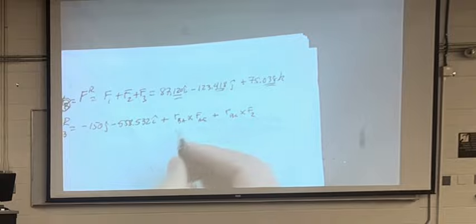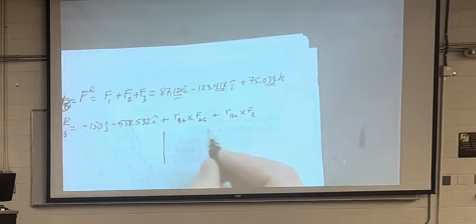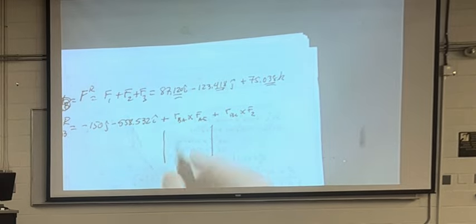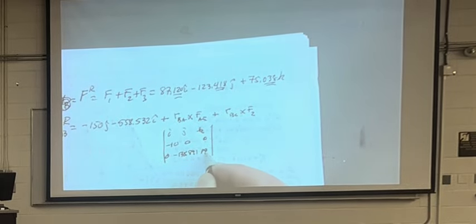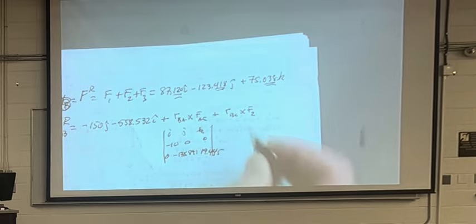Here, I'm going to set up a determinant: i j k, minus 10, 0, 0, 0, minus 178.891, and 89.445.